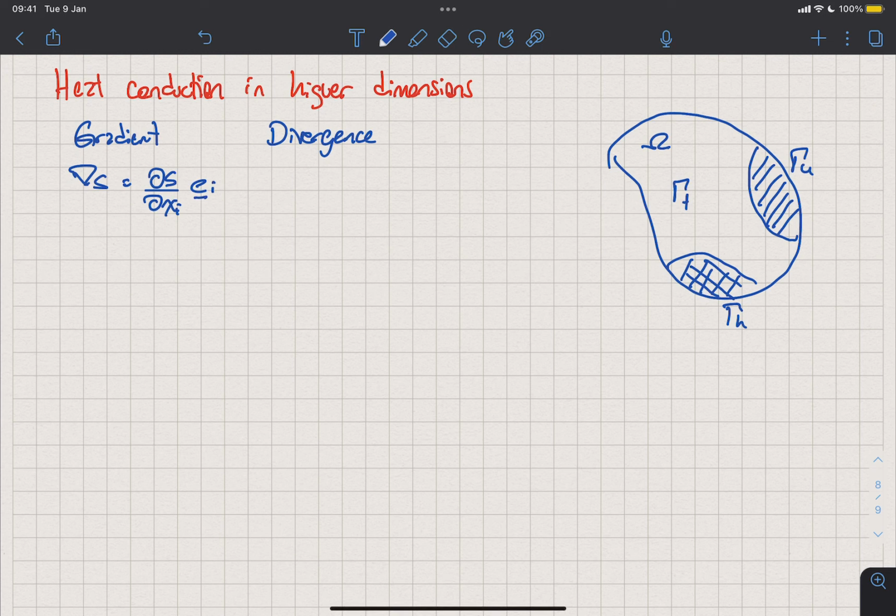So if you take a scalar field and you apply the gradient on it, you obtain a vector field. And if you take the gradient of a vector field, by definition it is a tensor, and it is the derivative of vi with respect to xj, ei tensor ej.